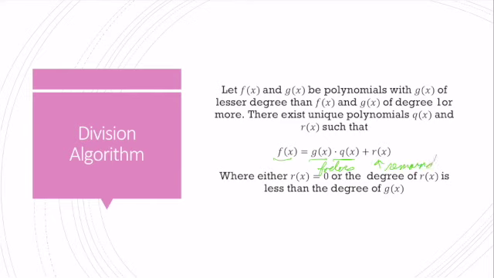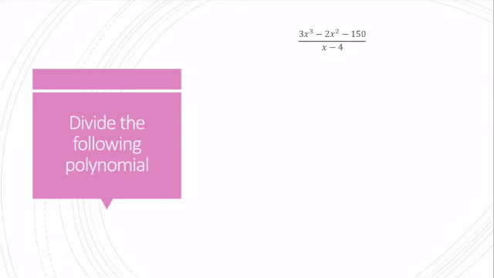When we divide, we see a lot of remainders, okay? But there is a way to break these apart with a remainder. And if r of x equals 0, then that means that these are perfect factors. So let's take a look at how we're going to use this division algorithm.